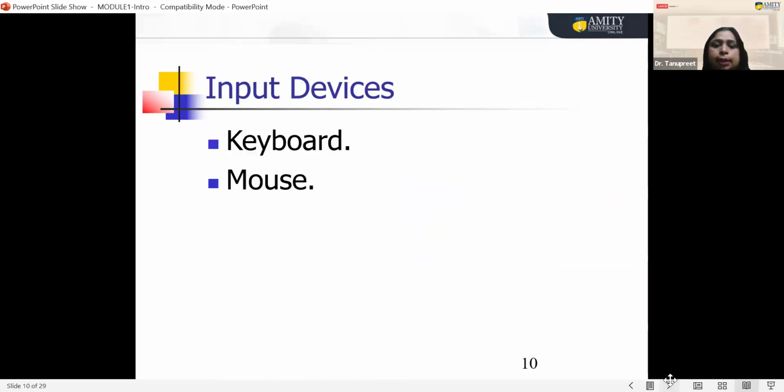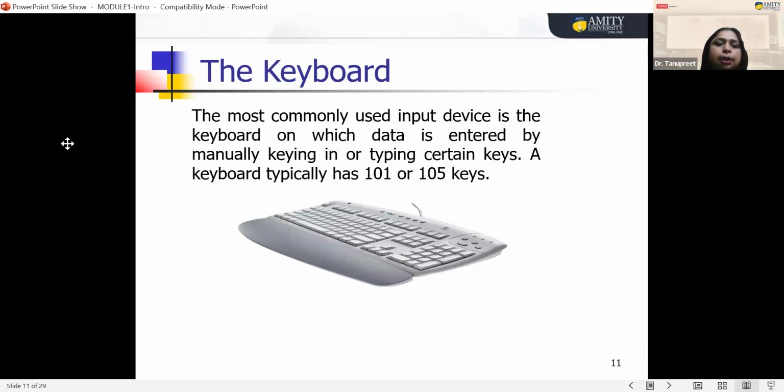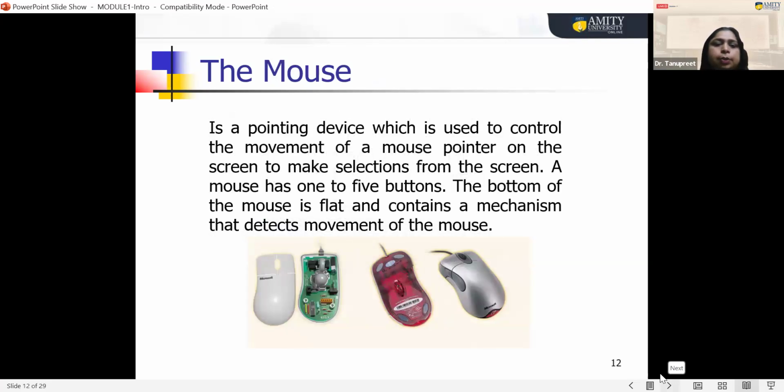Now let's discuss your input devices in detail. There are a lot of input devices, but let's focus on the keyboard and the mouse, and this is very simple. Everybody knows that we use the keyboard to pass instructions to the processor, and then obviously you use a mouse.